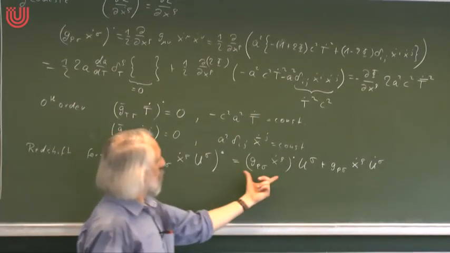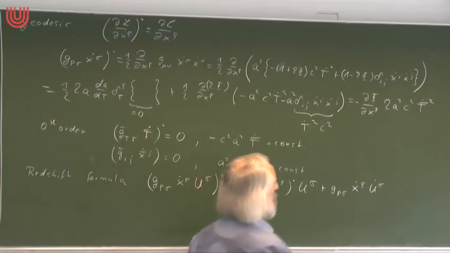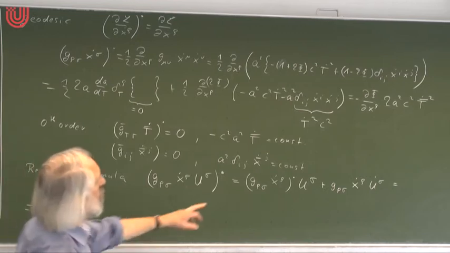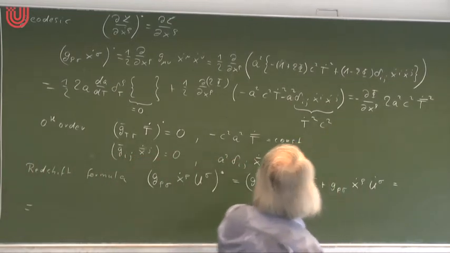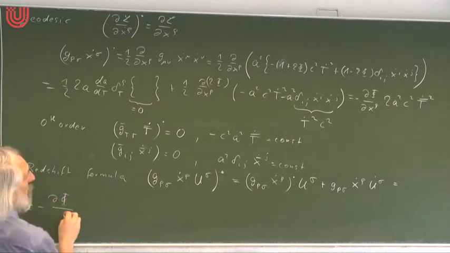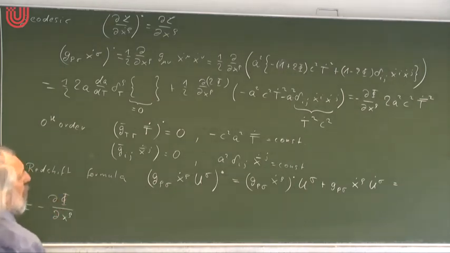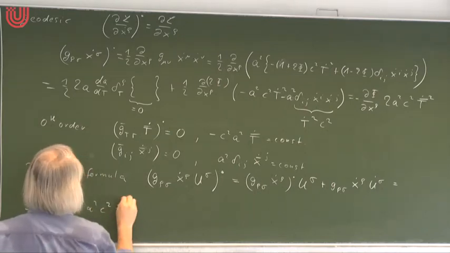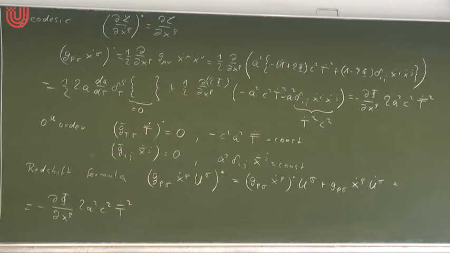And this is what we get from the geodesic equation. So from the geodesic equation, we have that this is equal to this term here, minus d phi by dx^rho, 2a squared c squared t bar squared.